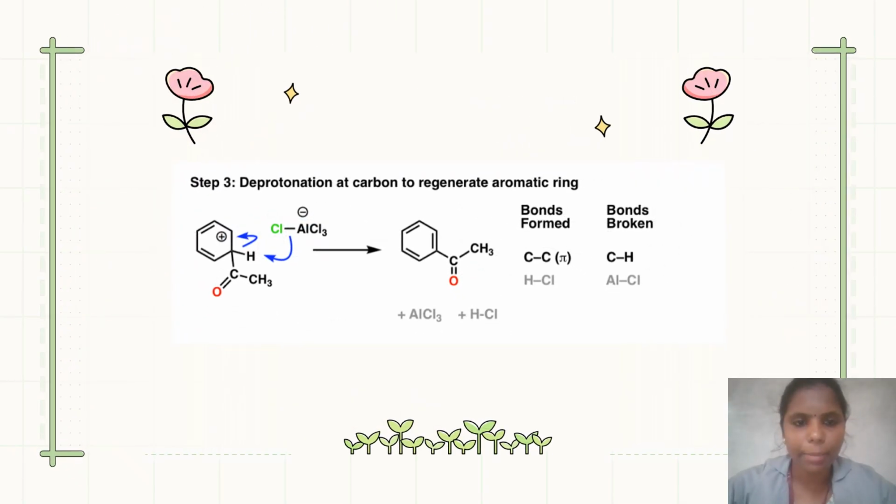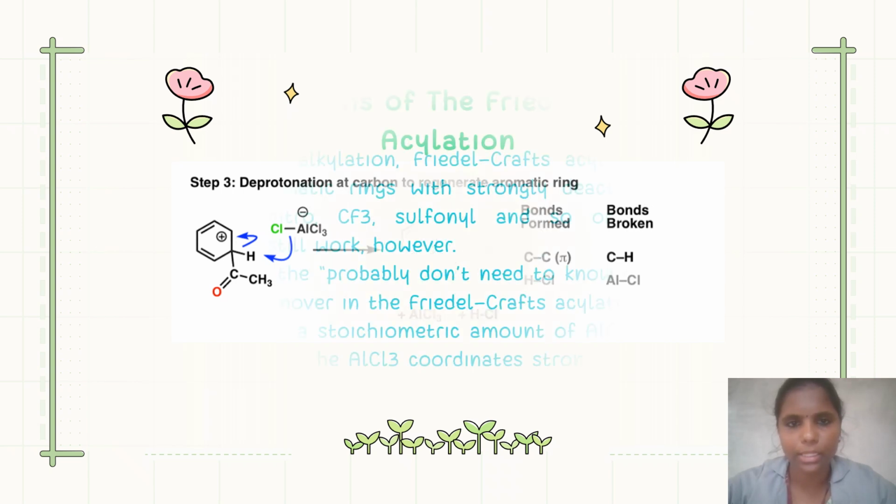In the third step, to this aromatic acyl group with AlCl3, the chlorine from this AlCl3 molecule will react with the hydrogen and be liberated as HCl, and this AlCl3 gets liberated and it leads to the formation of the substituted product.